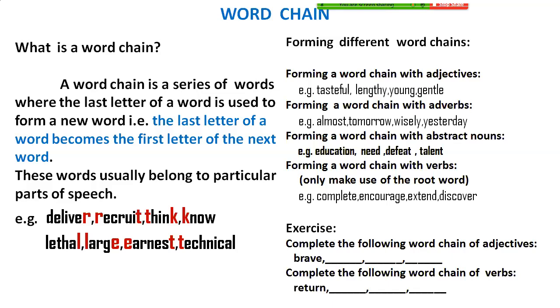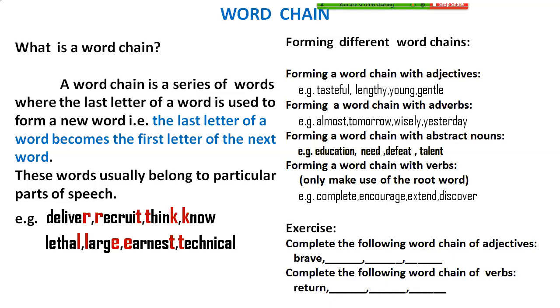We use this letter E to form the next word, that is encourage. Now, encourage once again ends with the letter E. We use this letter E to form the next word, that is extend.